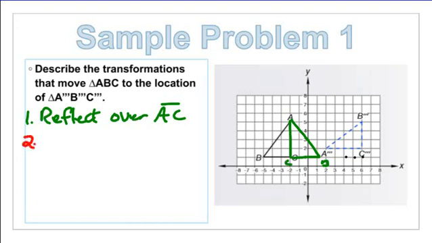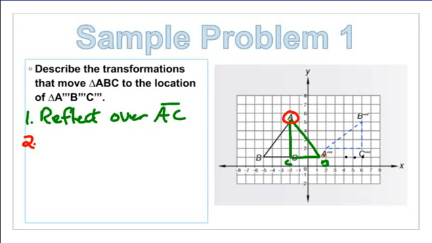Our second transformation, we need to get this A to be all the way down where this A is going to be. So we're going to have to rotate that.